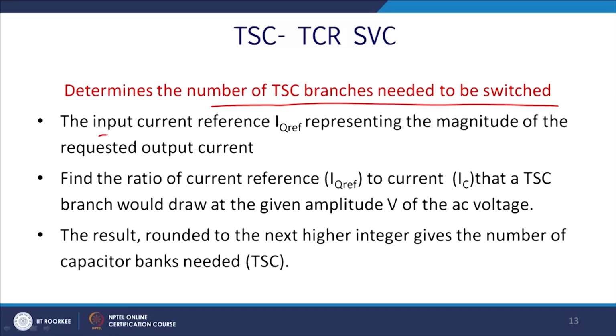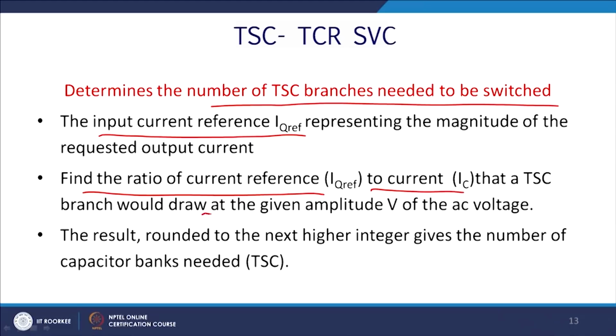The input current reference IQ ref represents the magnitude request of the output current. So, we have to find the ratio of the current reference and current IC. That gives you the number n. Then n comes out to be, actually, 5.6.